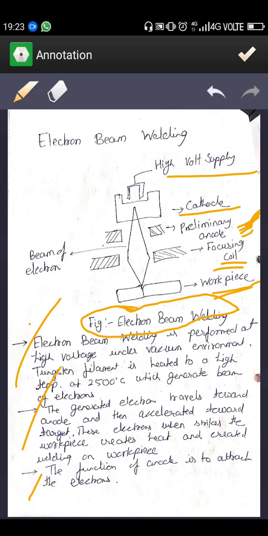Then we are going to see the working of this process. Electron beam welding is performed at high voltage in a vacuum environment.